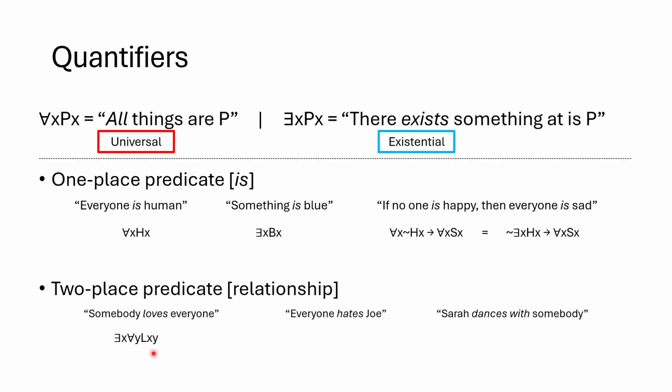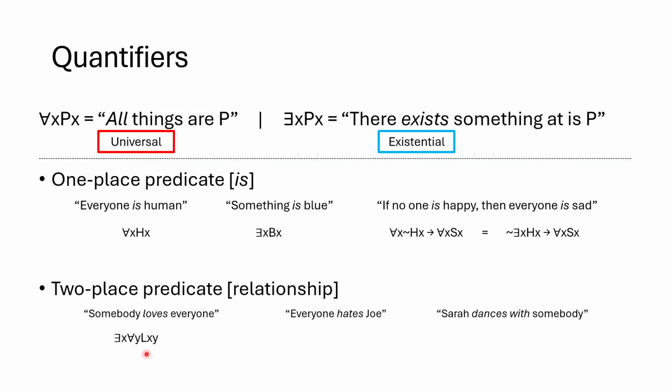Here, when we're looking at this, somebody loves everyone, right? So the L is our predicate. It has two places. And so what is the active noun here? What is doing the loving? Well, it's somebody. Who's the passive object? It's everyone.